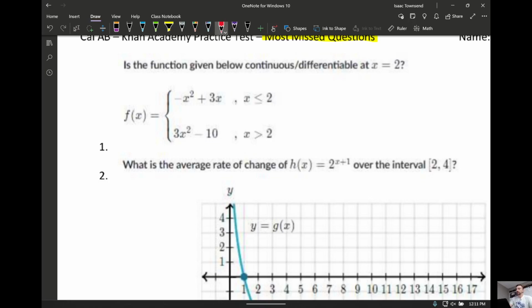Okay, this wants to know if this function is continuous and differentiable at x equals 2. It stops being this at 2, starts being this at 2. How did we figure out if it was continuous in the last unit?